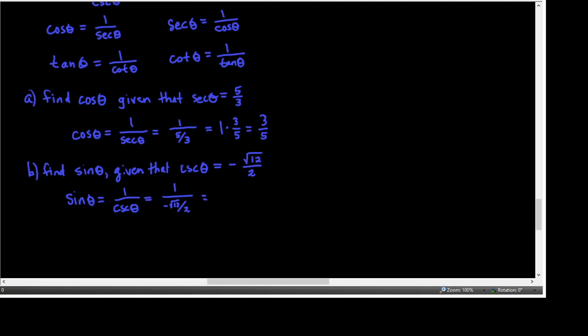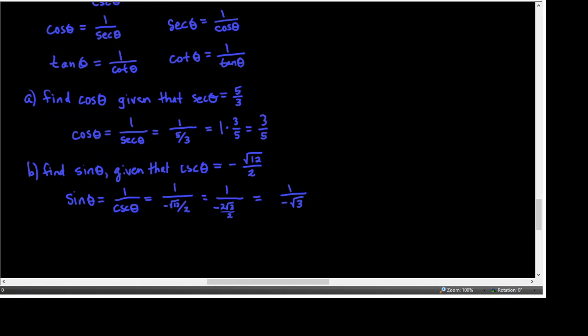I don't think it is. Before I do the division, I want to simplify that. The square root of 12 is 2 square roots of 3, which will be divided by 2. So that'll simplify to be 1 over negative square root of 3.